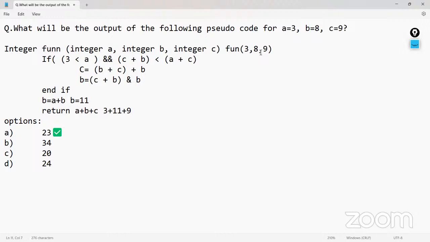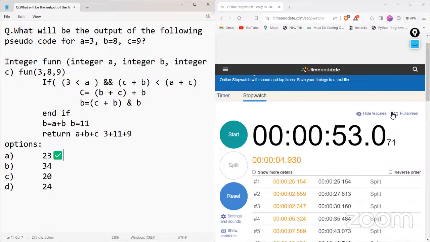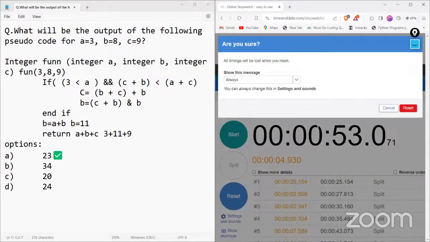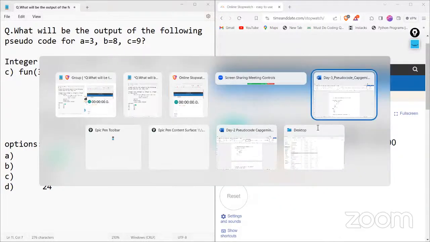Okay, you guys are covering the timing very well. The only thing is that working on the issues is really required. So let us try to understand the next one. Let me just reset it. Okay, and here we are.